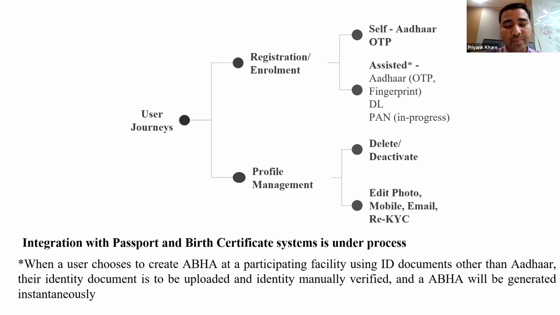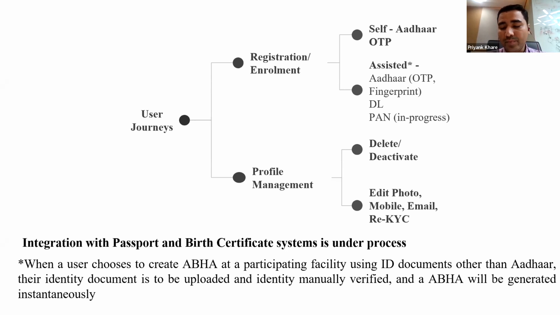Then you need to visit any ABDM facility. They will verify the details. Post verification, Aadhaar number along with the Aadhaar address will be generated there. Now, as per the data available, almost 90% of the Indian citizens have Aadhaar card. That is why in current scenario, we recommend to create Aadhaar via Aadhaar only.